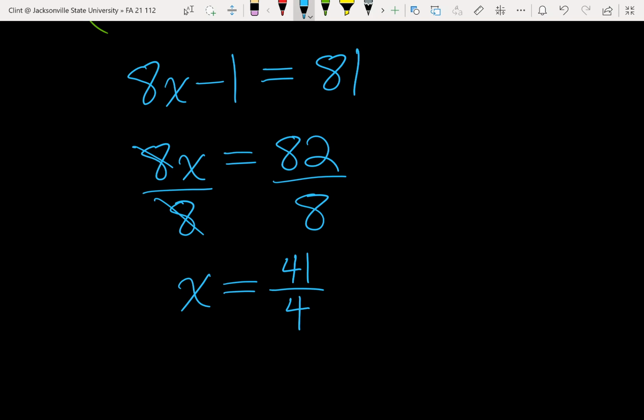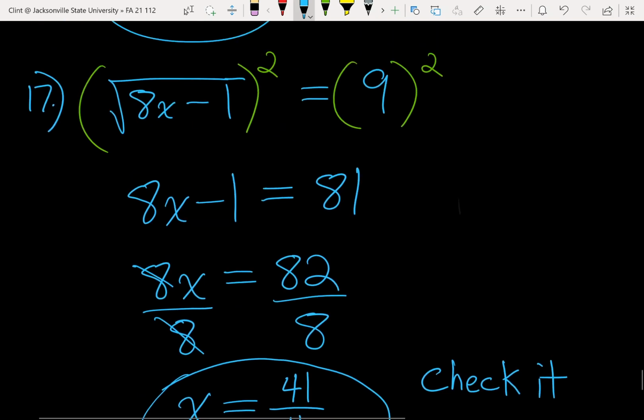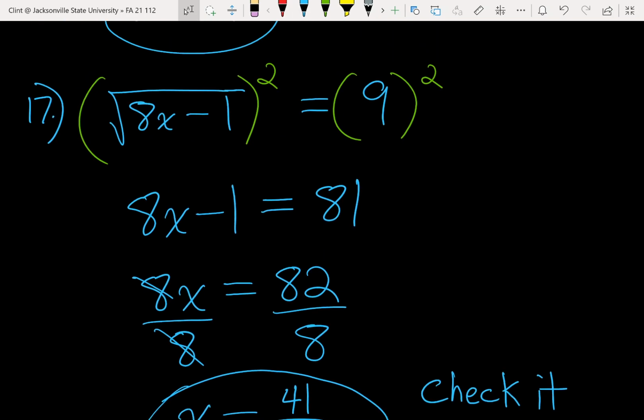So get a fraction, that's okay. On these also, we need to check because we want to make sure that when we plug it in, we don't get a negative underneath the radical, because that could potentially happen.